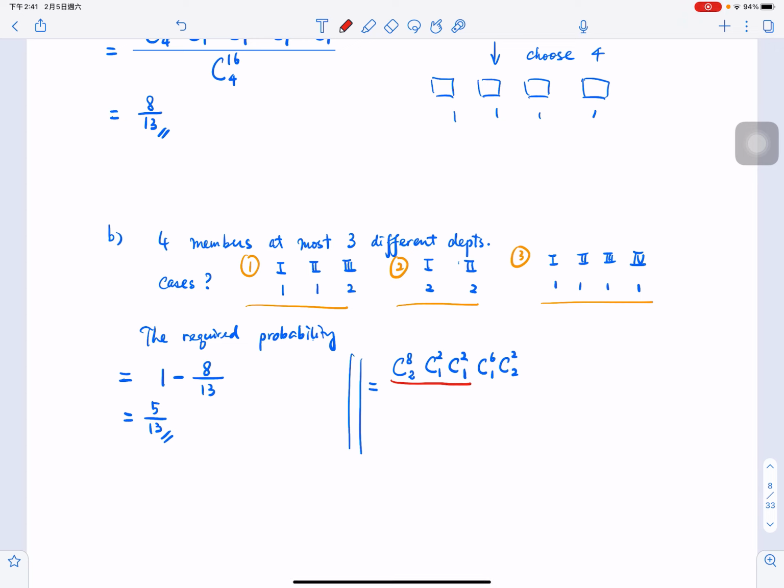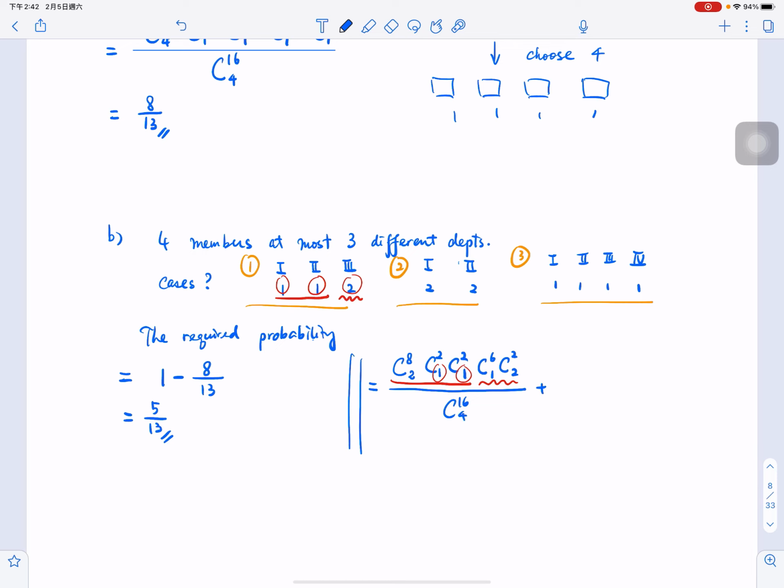8C2: we choose 2 departments and each department chooses 1. And you still have 6 departments and then choose 1 more, and 2 of them, that means all these 2 from that department we choose. This is the situation. So this over 16C4.